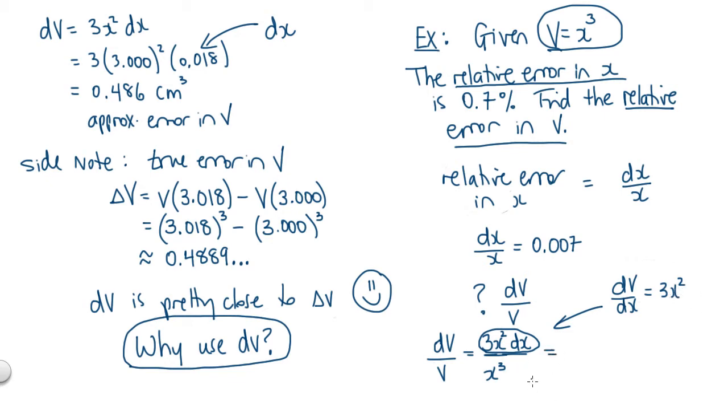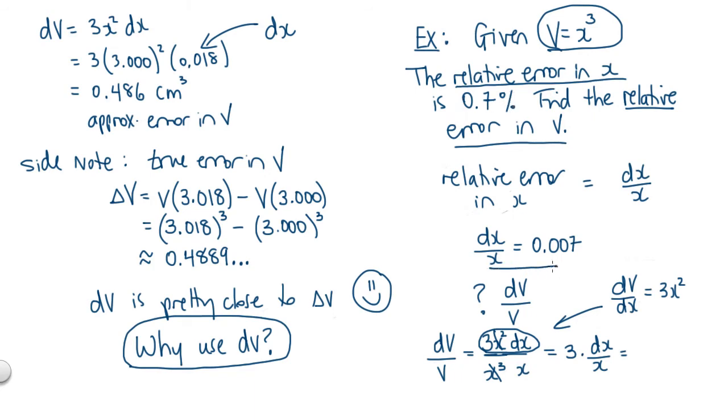Okay, so a little bit of cancellation now. We can cancel a factor of x squared from the numerator and the denominator. And what we get is 3 times dx over x.